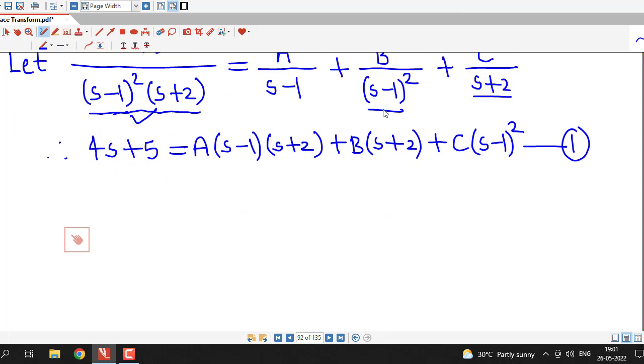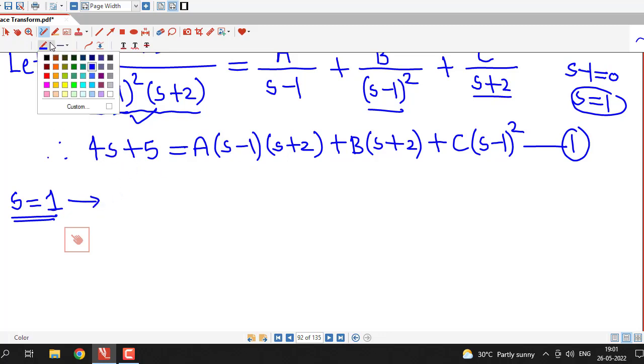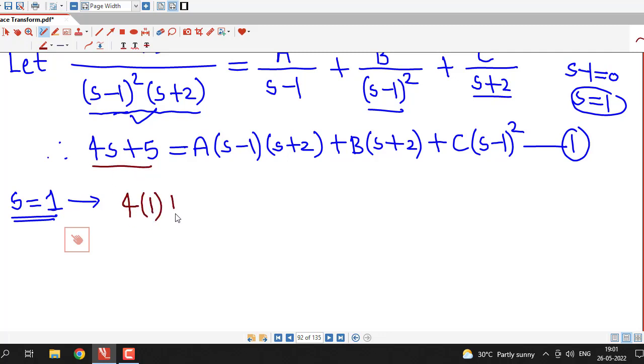Now because I have linear factors s minus 1 and s plus 2, first I take s minus 1 equal to 0 and I obtain s equal to 1. So first I find the value of the constant corresponding to s equal to 1. For that we take s equal to 1 in equation number 1. If I put s equal to 1 here, I will have 4 into 1 plus 5.